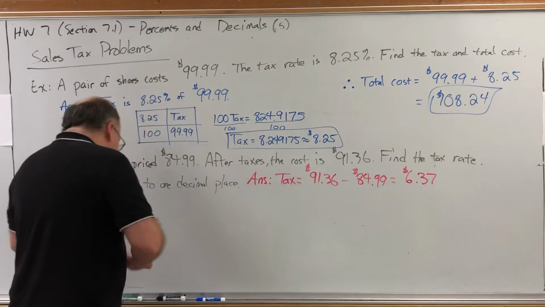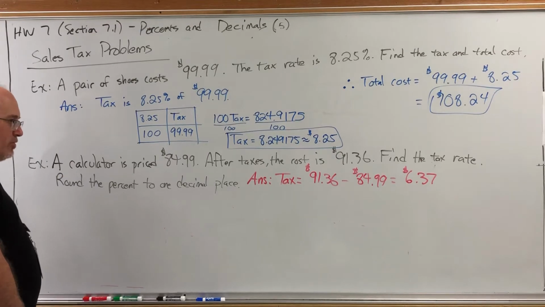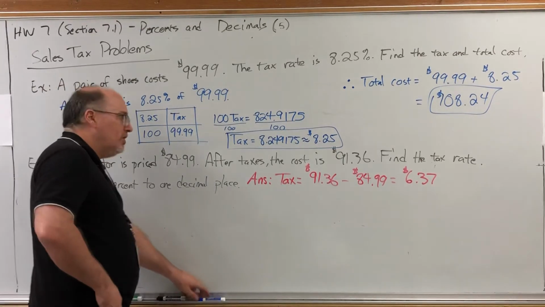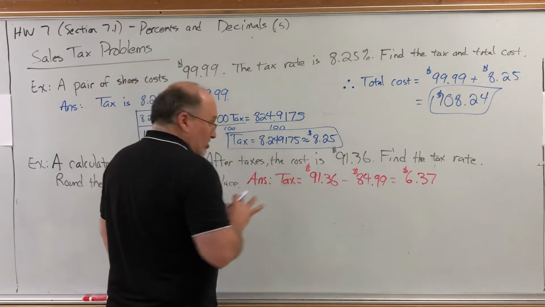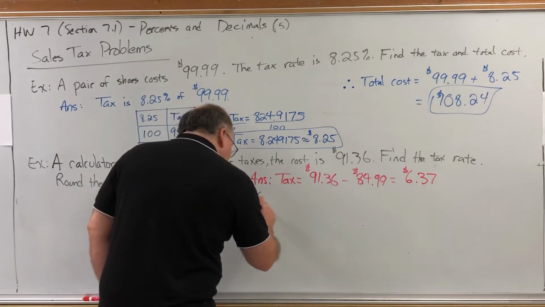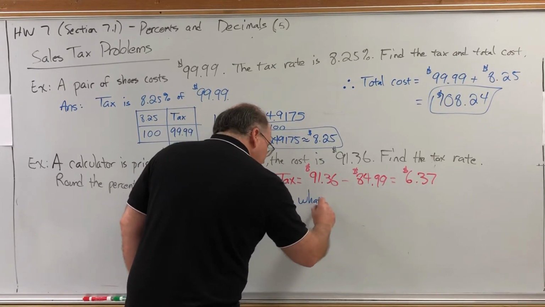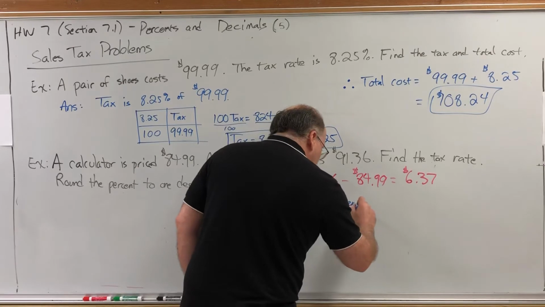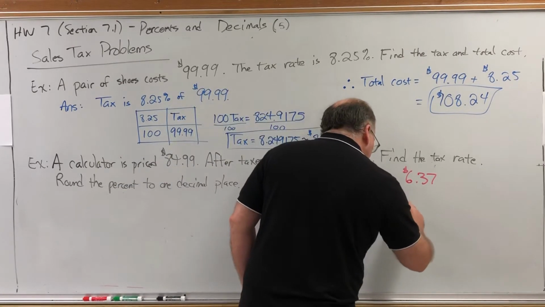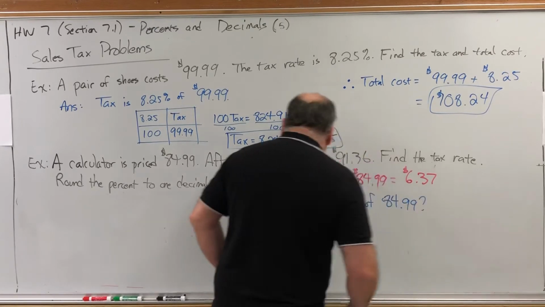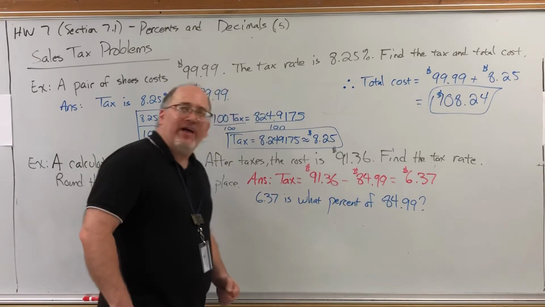But that's not the answer to the question. The question was find the tax rate. So what do we know about that $6.37? We know that $6.37 is what percent of the original cost. The original cost was $84.99. Because remember, the tax is a percent of the original cost, and we're looking for that percent.